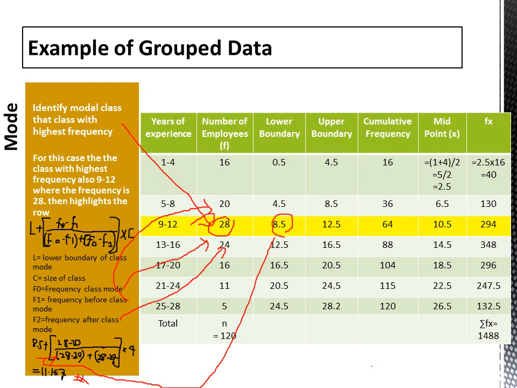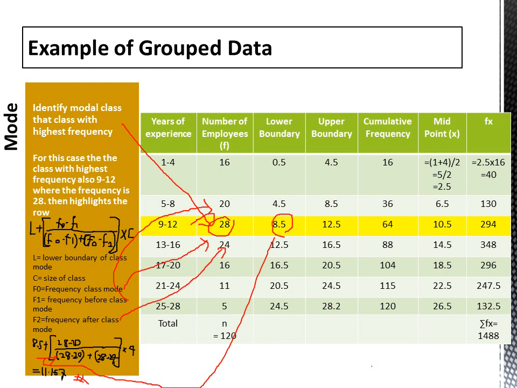F1 means the frequency before the mode class, which is 20. Divided by 28 minus 20, the F naught minus F1, plus F naught minus F2. F naught is 28 minus F2. F2 means the frequency after the mode class, which is 24. Then times the class size.